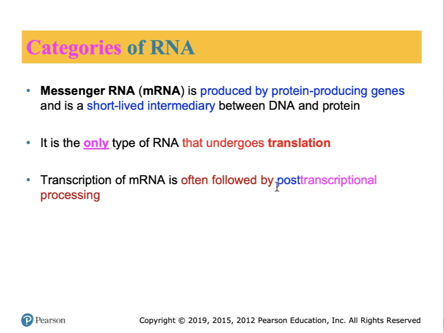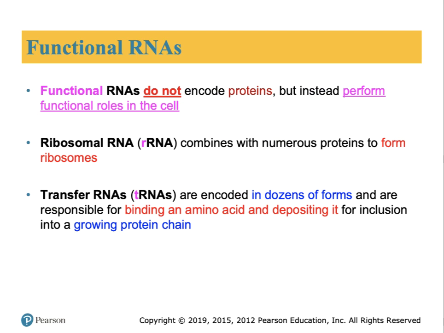And that process is called post-transcriptional processing, post meaning after. All the other classes of RNA are called functional RNAs because they perform some function within the cell. Functional RNAs do not encode proteins. Only messenger RNA does that, so we must understand that.